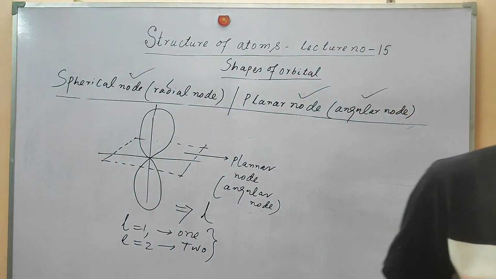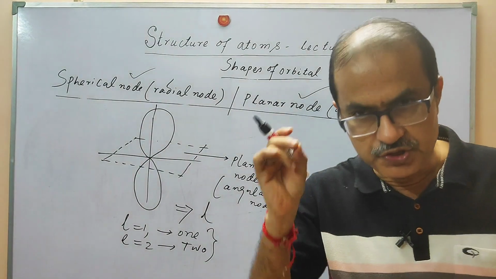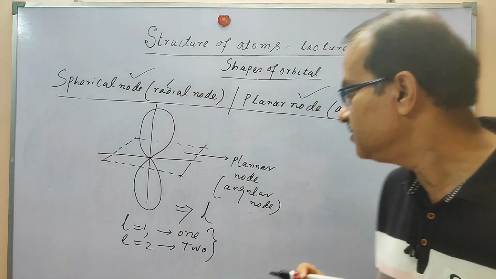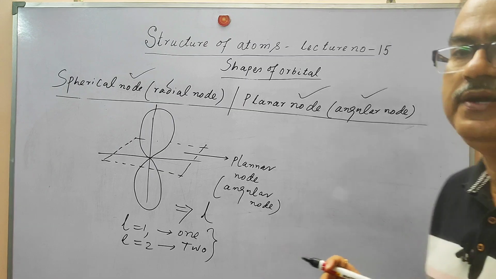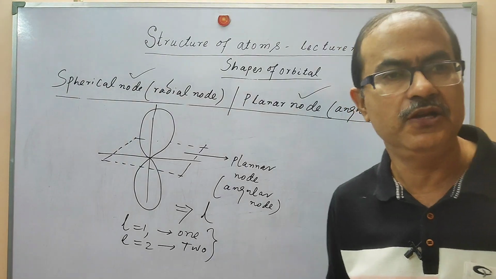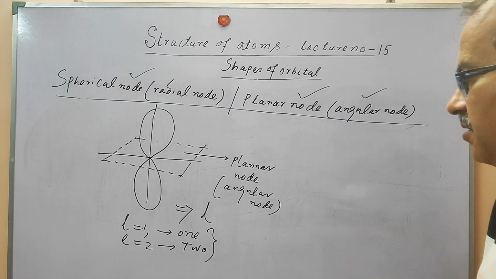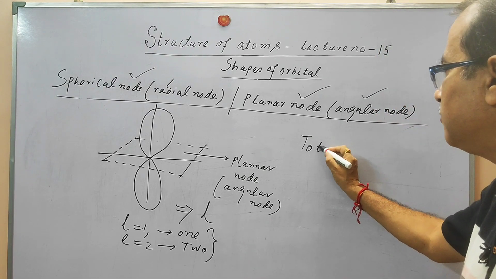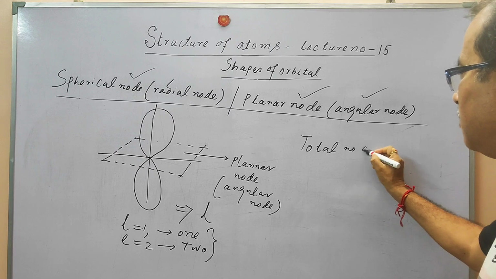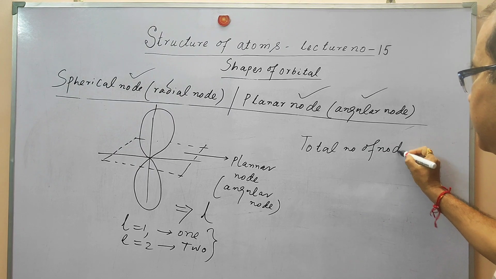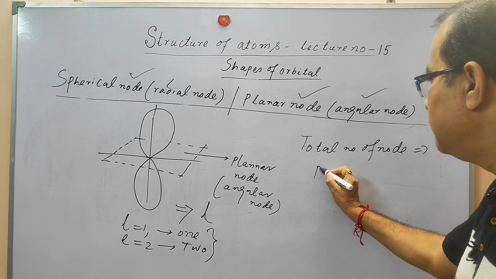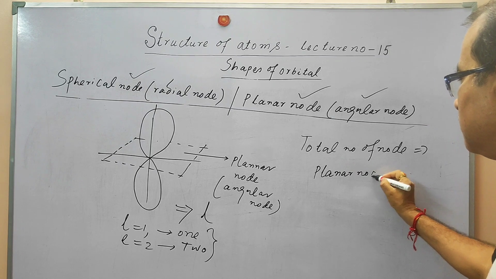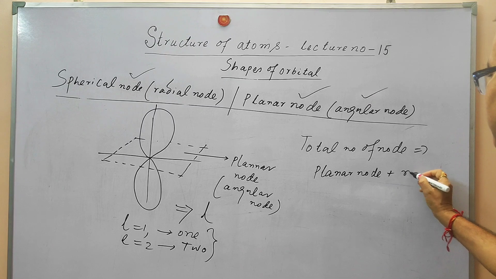Nodes are basically the place, region, plane, or point where there is no probability of finding the electron. There is no probability of finding the electron at a planar node. So if you want to calculate the total number of nodes, it is basically the planar nodes plus the radial nodes.